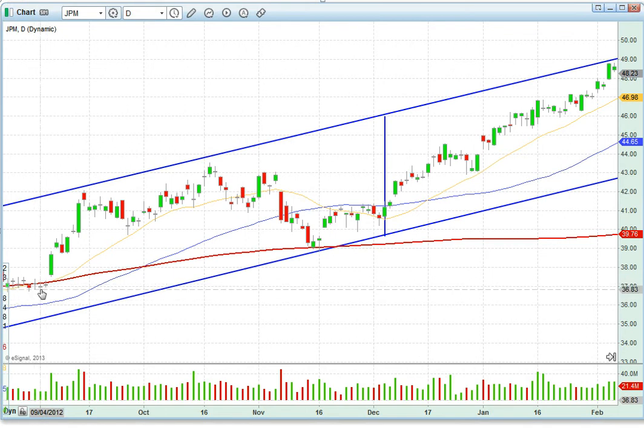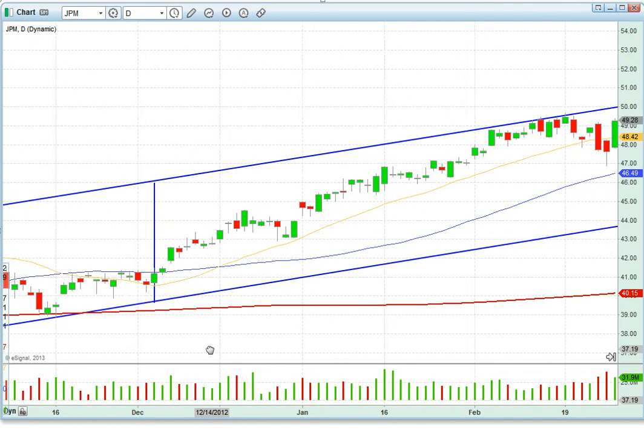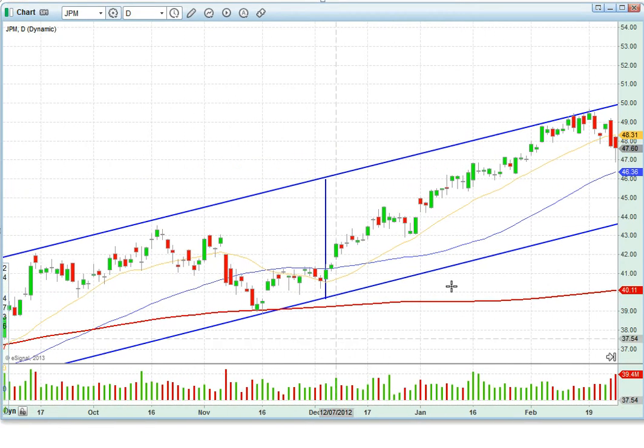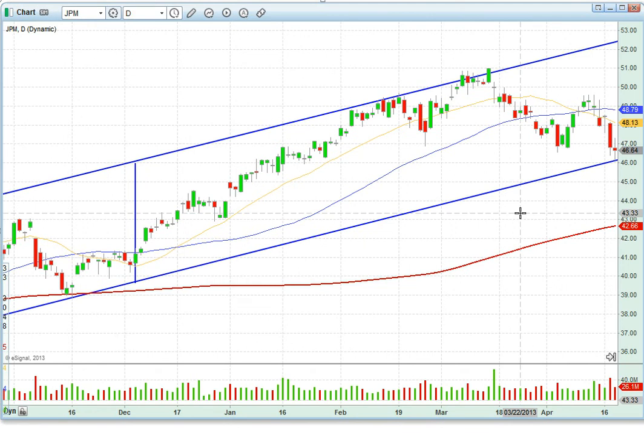So again, this just goes to show us how, when something breaks out of the 200 MA, it tends to have a strong rally. And then it basically based sideways. And then in November 2012, it came into this 200 MA, which is strong support. So remember, 200 MAs are your strongest supports of these moving averages.